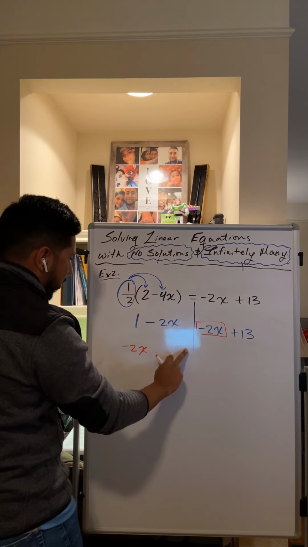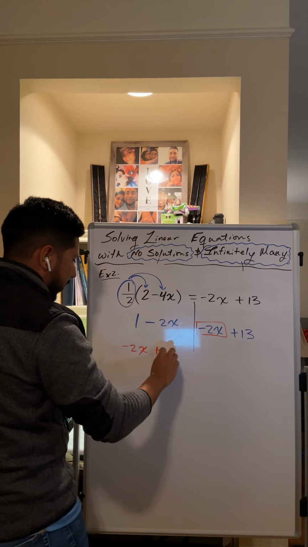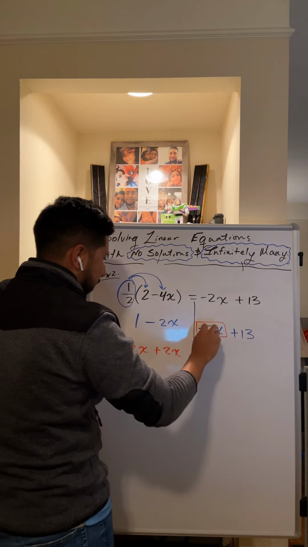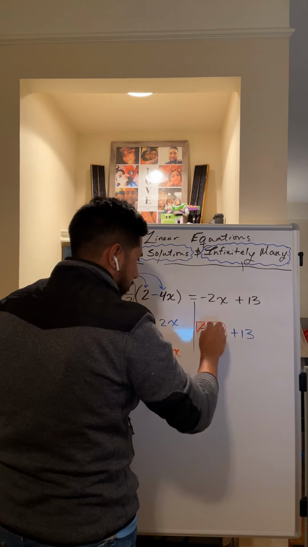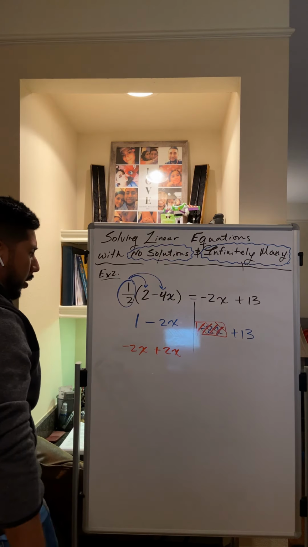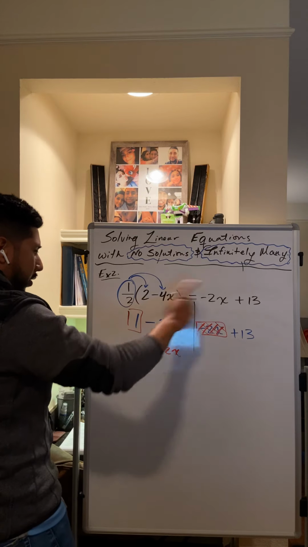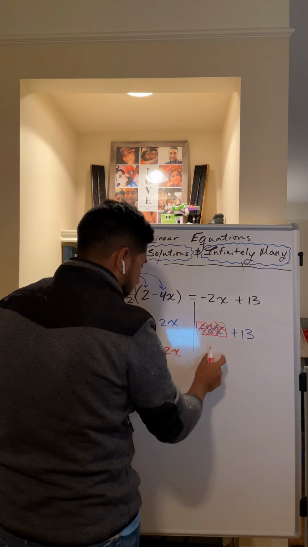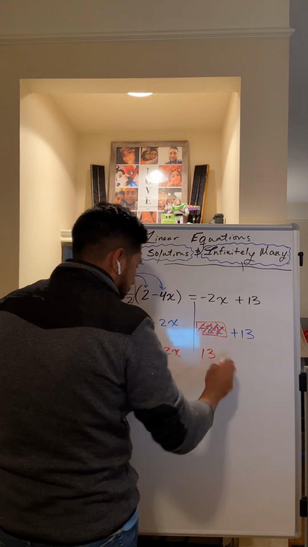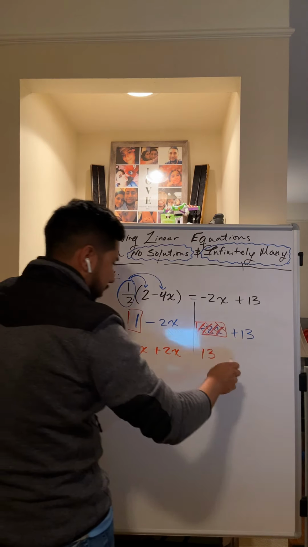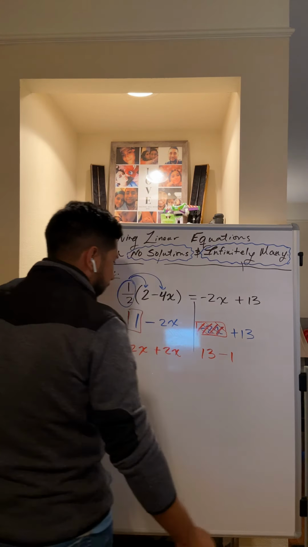Negative coming to the other side turns into a positive. Cross it out. And then this positive 1 over here does not belong there. Goes over there. Let me bring down this 13. Positive 1 coming to the other side is a minus 1 or negative 1.